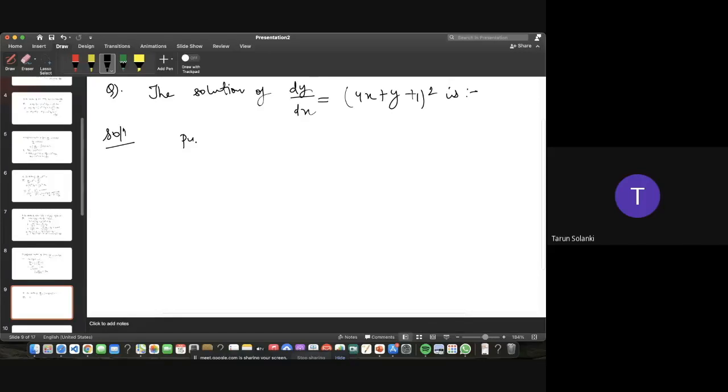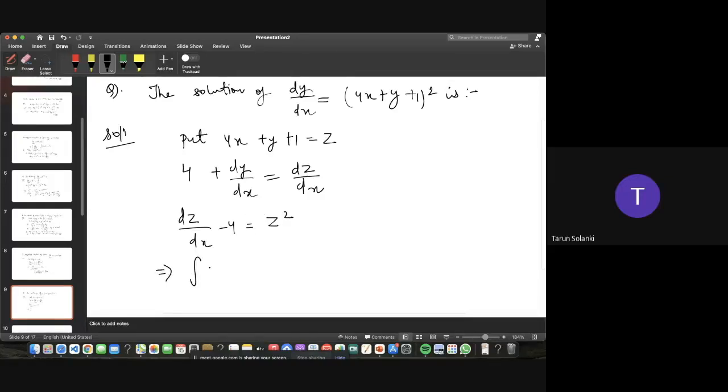So first we have to put 4x plus y plus 1 is equal to z. So 4 plus dy by dx is equal to dz by dx, right? So dz by dx minus 4 is equal to z square.